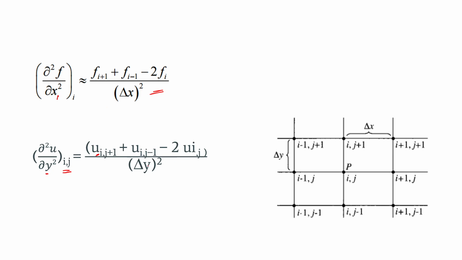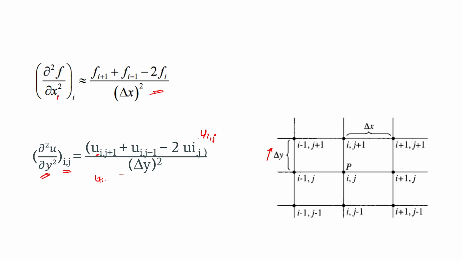So our equation becomes u at i comma j plus 1 plus u at i comma j minus 1 minus 2 times u at i comma j, divided by delta y square, because we are moving in the vertical direction.